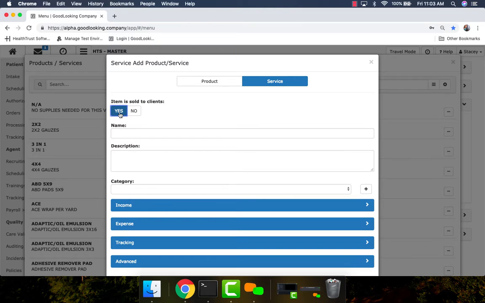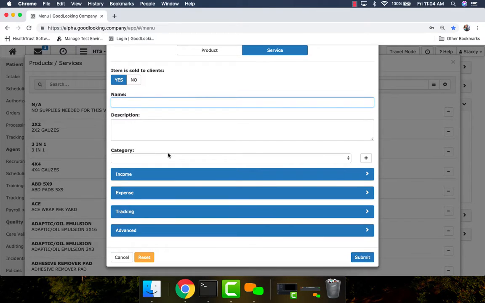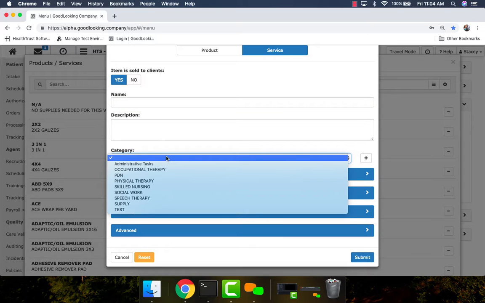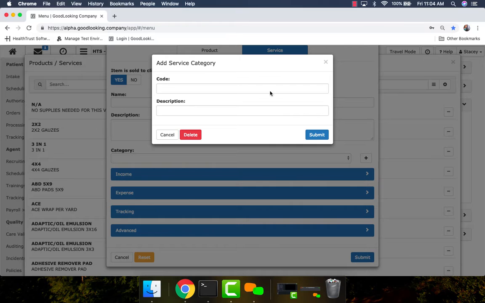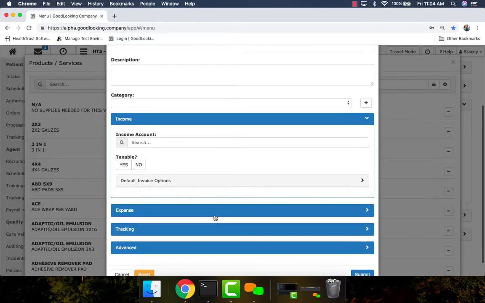So to briefly run through those options, the first thing you want to do is give your service or your product a name and a description. Assign it to a category. This category list, again, is controlled by your administration. If this item is sold to clients, then you are able to give us the income or the charge information.